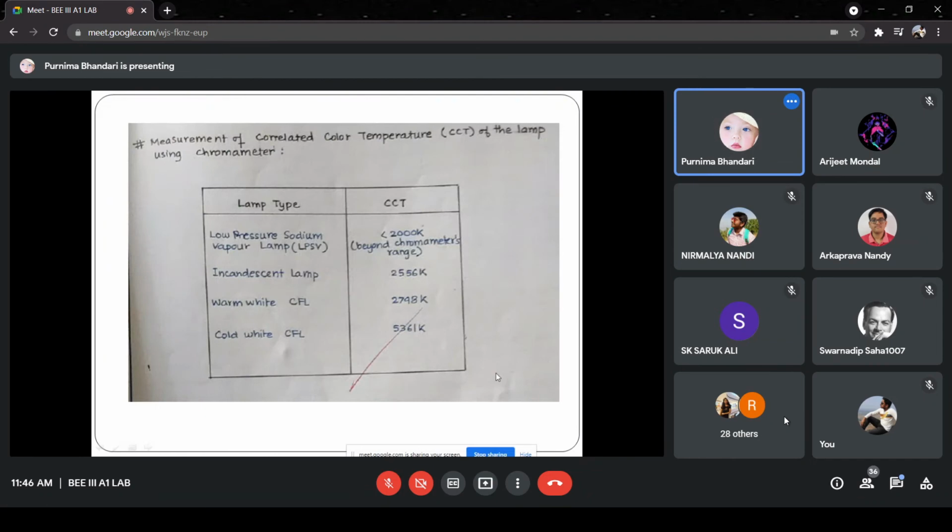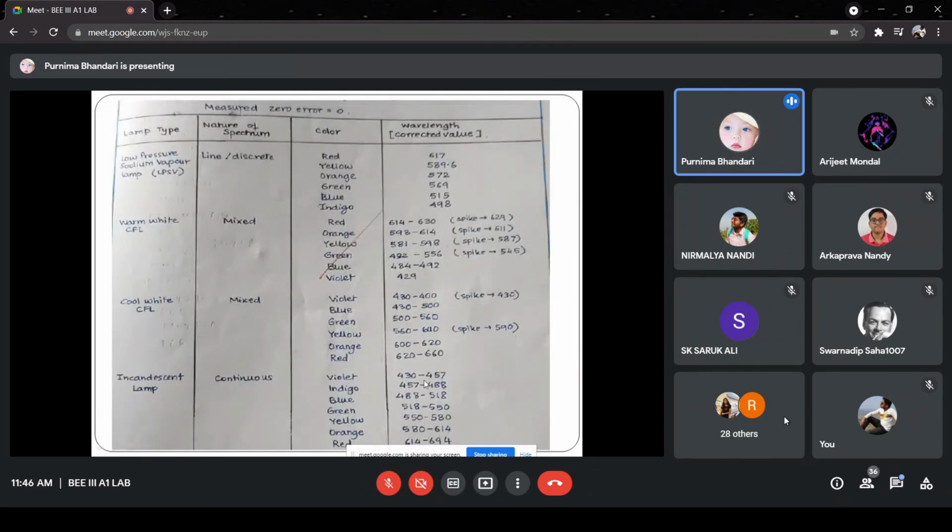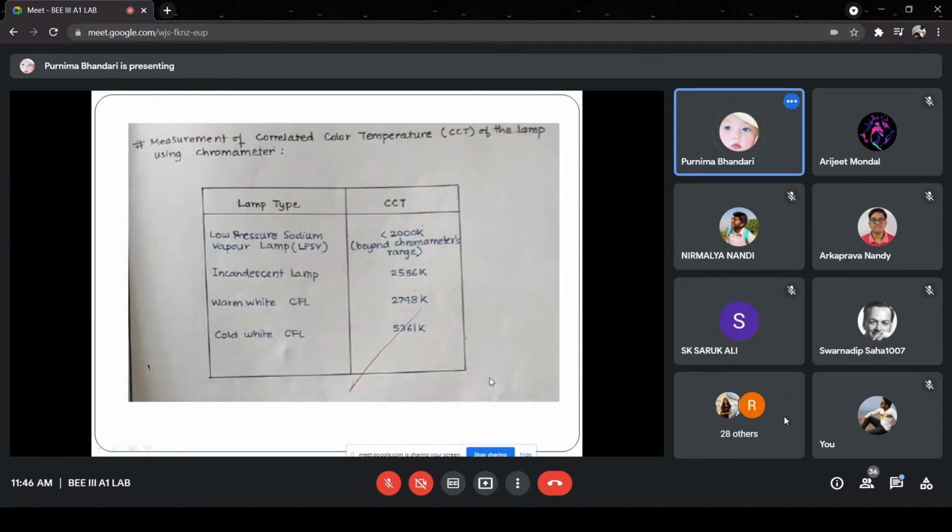They have seen. And for the incandescent lamp, it is continuous, there will be no black portion of the spectrum. And for the CCT measurement of the lamp, you can see the low pressure sodium vapor lamp's CCT is actually below 2000 Kelvin, so they could not get the value by the chromometer, because the chromometer's range is from 2000 Kelvin to 10,000 Kelvin, so it is beyond the chromometer's range.